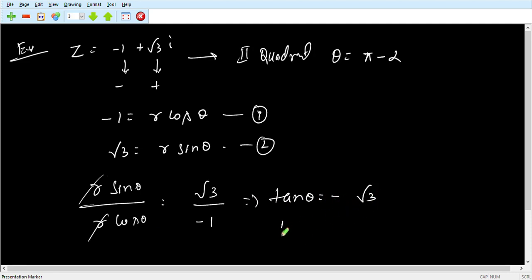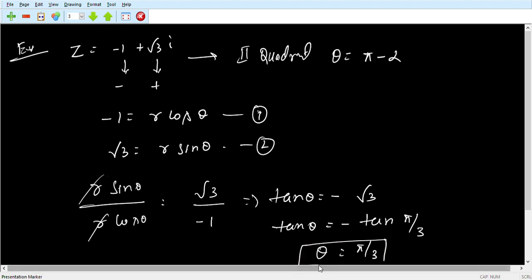You can write tan theta is equal to minus tan 60, which means pi by 3. So the value of alpha is pi by 3. But as we know the value belongs to the second quadrant, theta will be equal to pi minus pi by 3, which is 2 pi by 3.